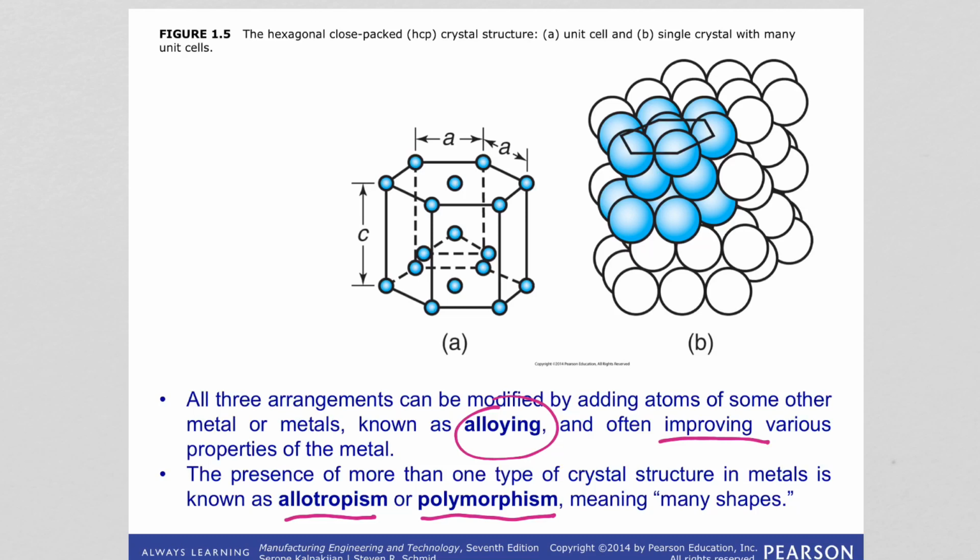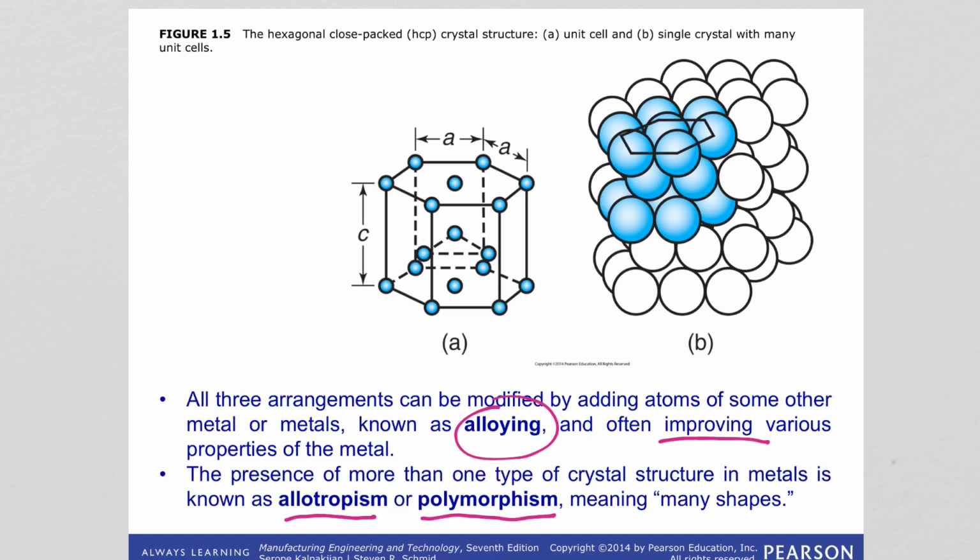So when we say iron is, let's say, FCC, it doesn't mean it cannot be BCC, okay? Because there's alpha iron that is BCC and gamma iron that is FCC. So sometimes these materials where you can have more than one type of crystal structure like the iron, these are what we know as allotropism or polymorphism, okay?